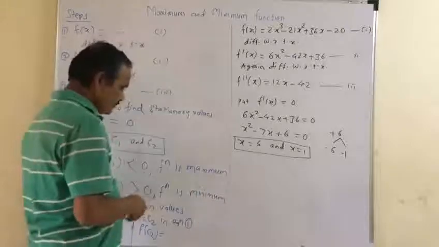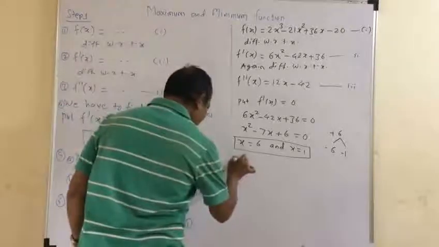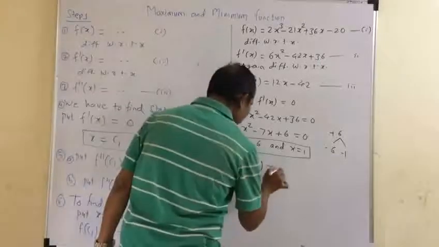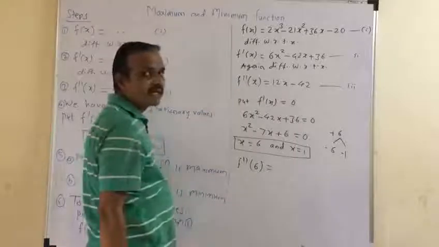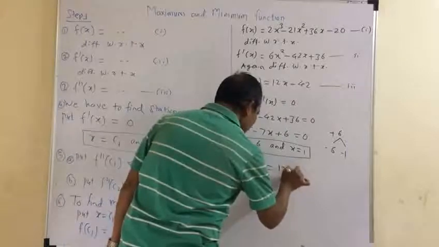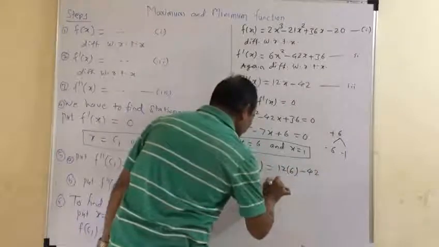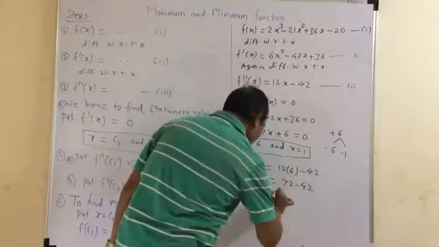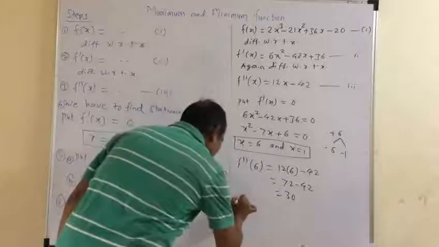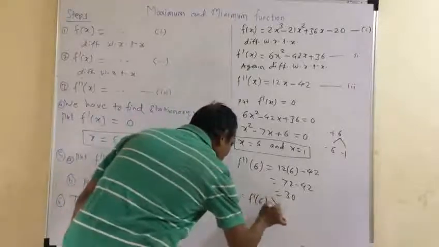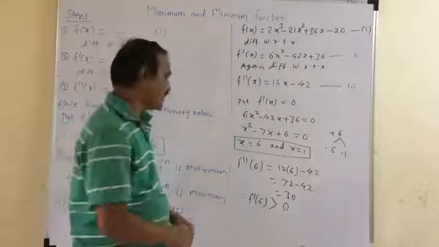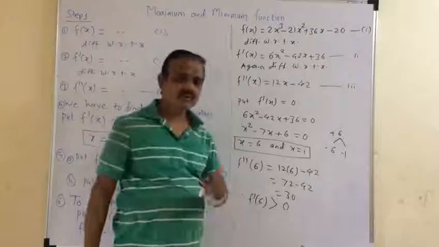Now we find f double dash of the first value, 6, that is 12 times 6 minus 42, we get 72 minus 42 is equal to 30, which is greater than 0. Therefore the function is minimum at x is equal to 6.